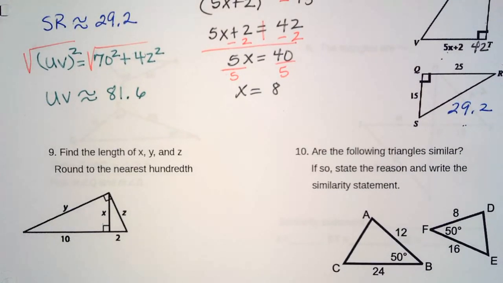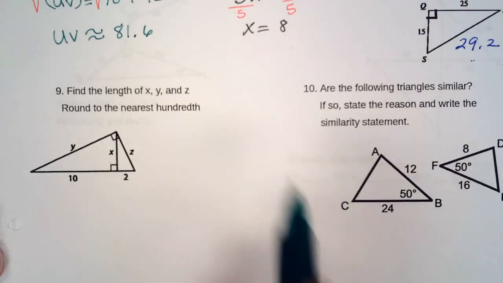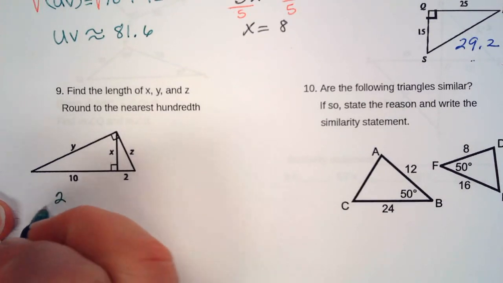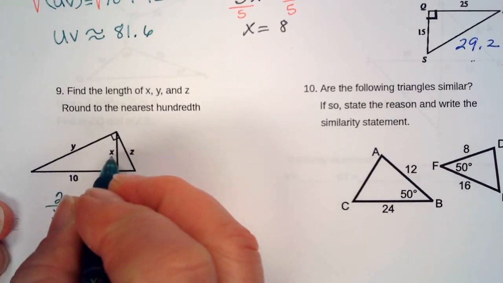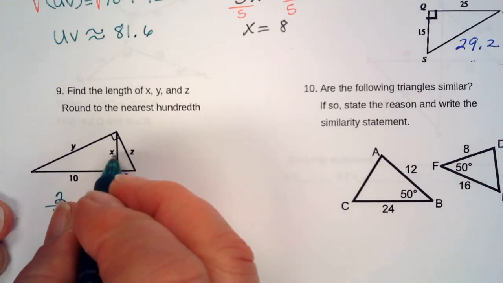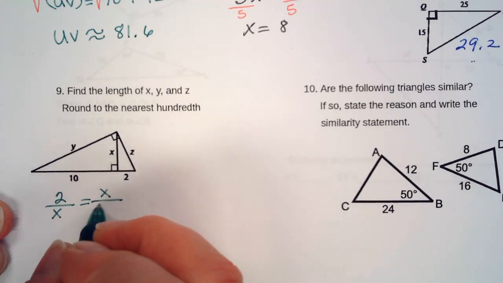So if we're looking at finding x, y, and z, the first one we can find is actually x. This is your geometric mean. So as I set it up, 2 over x, short leg over long leg, is equal to the long leg, which is x, over 10.